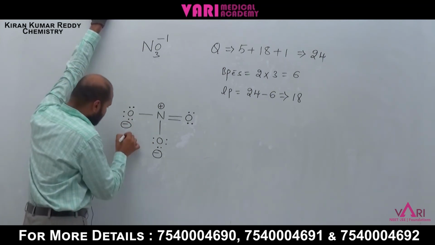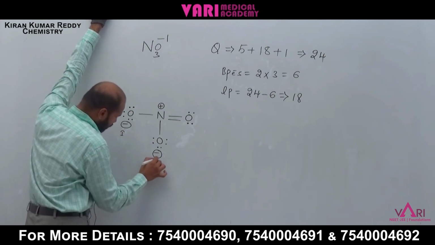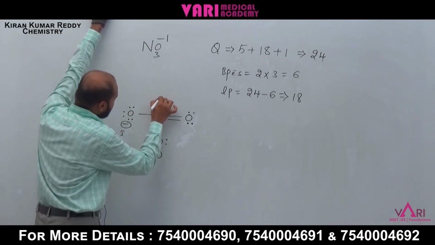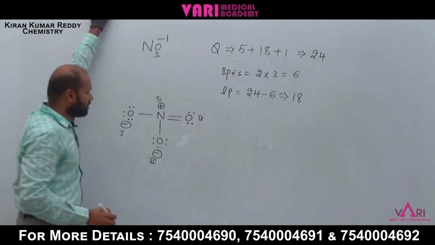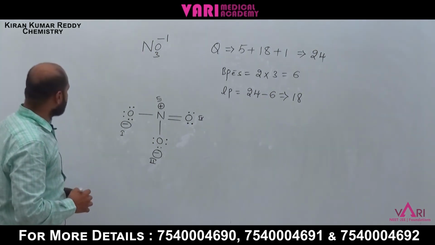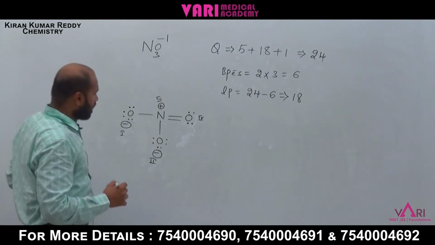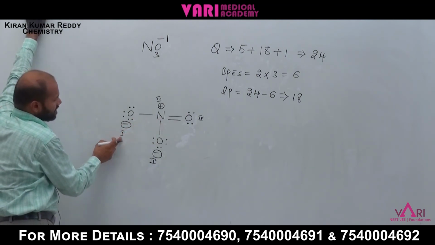Now check the formal charge of this, this is atom 1, this is 2. This one is the third atom, this is the fourth atom. One by one we can check whether a formal charge is present or not. Now I am checking the formal charge of the first and 2.